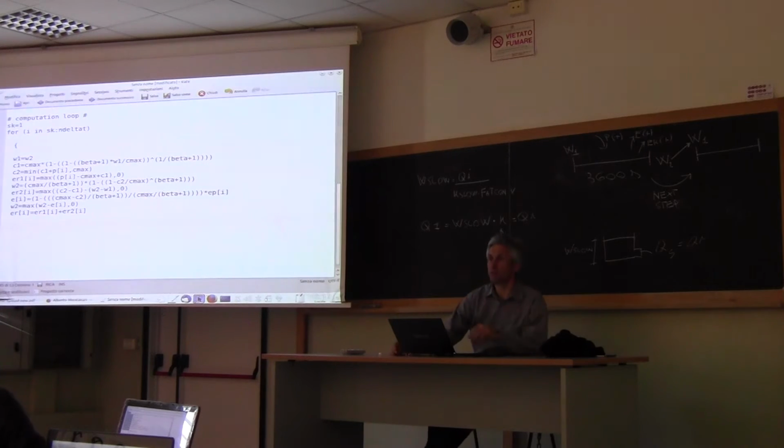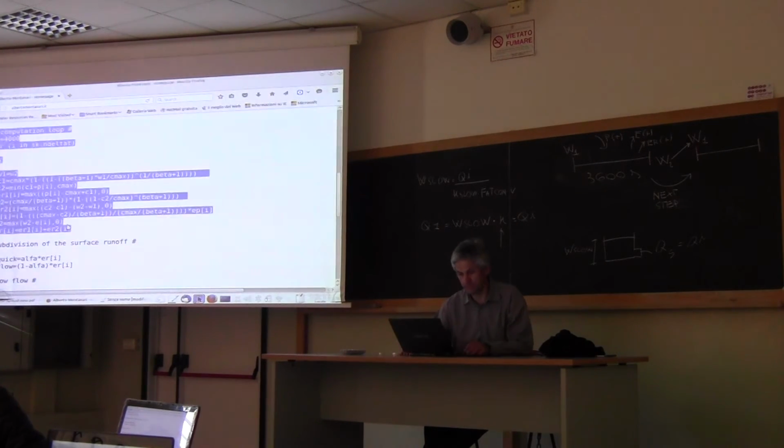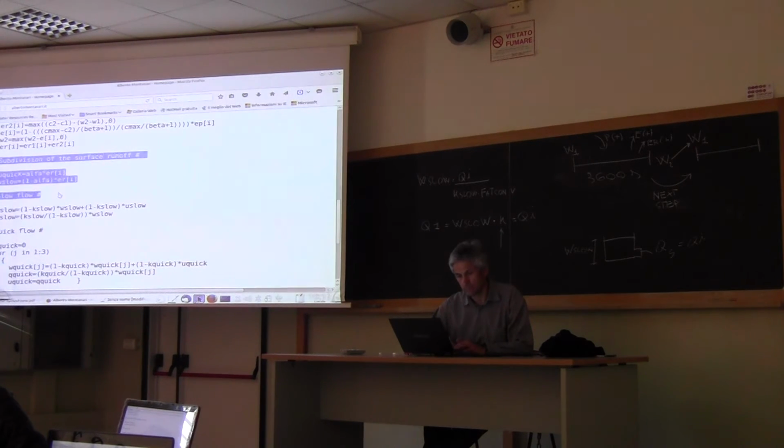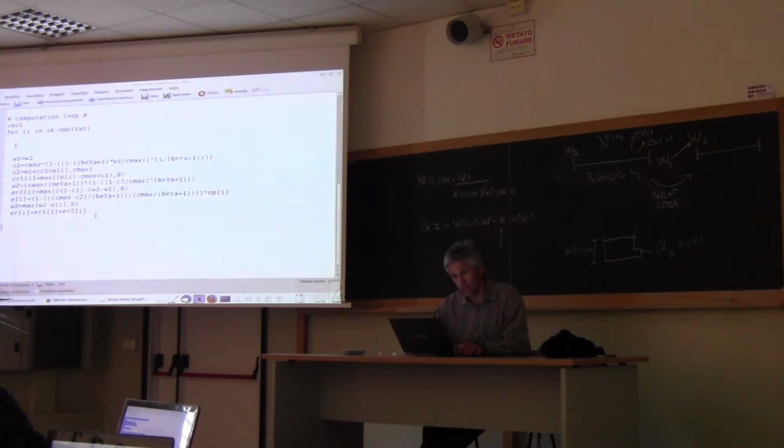Okay, I think we can move to the next block of instructions, which is the runoff routing. Let me take this group of instructions, I copy them, and I paste them here.